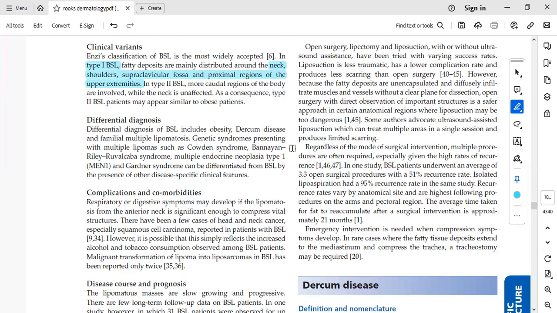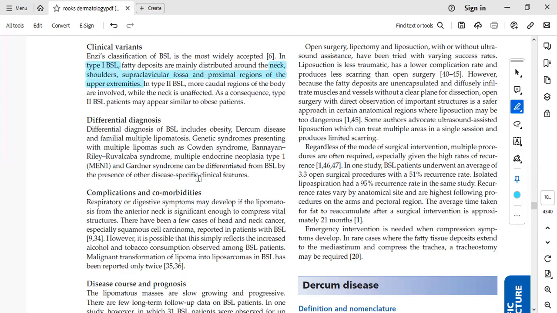So these are the differentiating features from BSL. And Gardner syndrome is a variant of familial adenomatous polyposis. In this, there are GI polyps, multiple osteomas, various skin and soft tissue tumors, and epidermoid inclusion cysts. So these are the differentiating features of other syndromes from BSL.